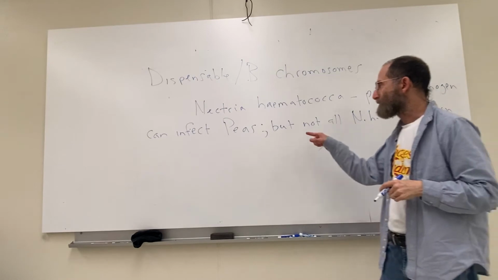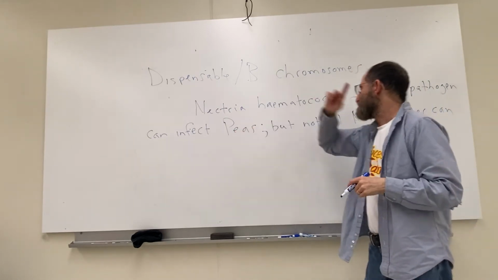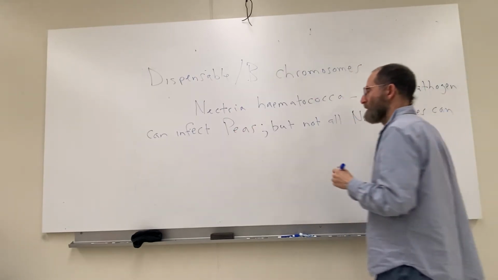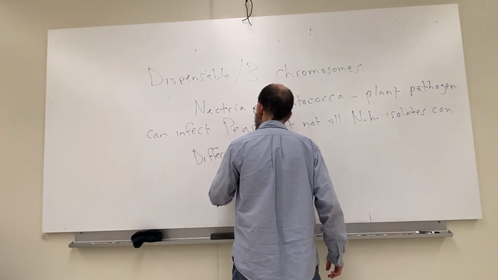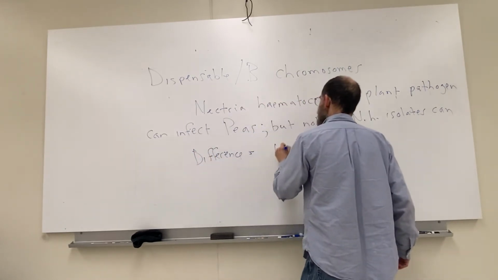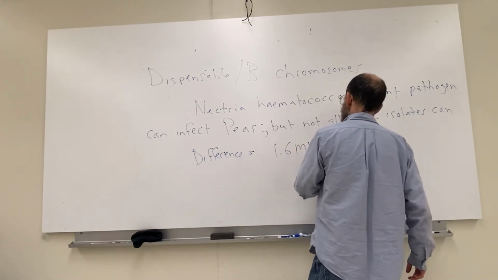And it turns out the difference between those that can infect peas and those that can't is a 1.6 million base pair chromosome.